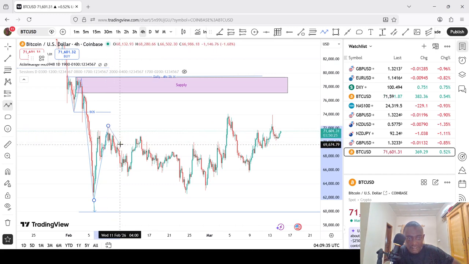Then when price came to this point, it couldn't go that high. From this point, price tried to go up, but it couldn't. You understand? Because here is the lowest point, this range is still in place, it's still working.